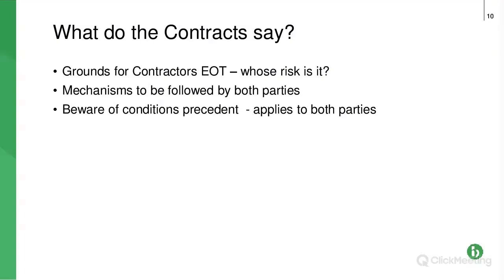So contracts, what do they say? Typically they have grounds to determine when the contractor gets an extension of time, so who's taking the risk for these items that the contractor can prevent, the employer can prevent, and that mid-ground. And then we have mechanisms that both parties have to follow, procedures to go through to comply with, to get the extra time and the extra money.